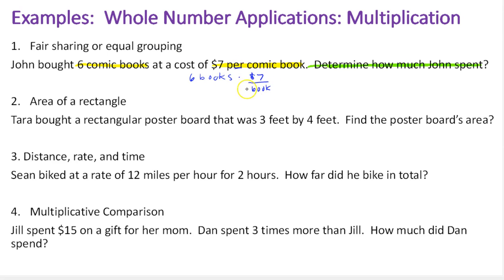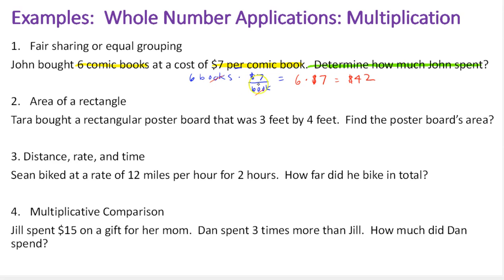This is called unit analysis, and it can help you set up your problem correctly. So this would equal, the books will cancel, we'll have 6 times $7. So 6 copies of $7 gives us a cost of $42.